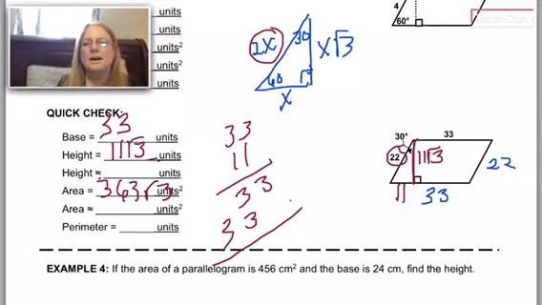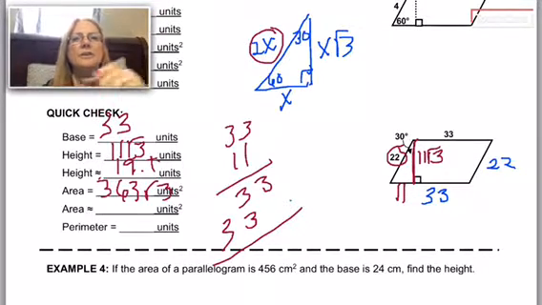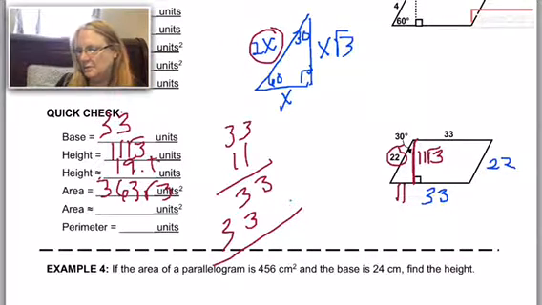The approximate height is 11 times the square root of 3. I'll just put that in my calculator. 19.1. And then the approximate area, I'll put 363 times the square root of 3.